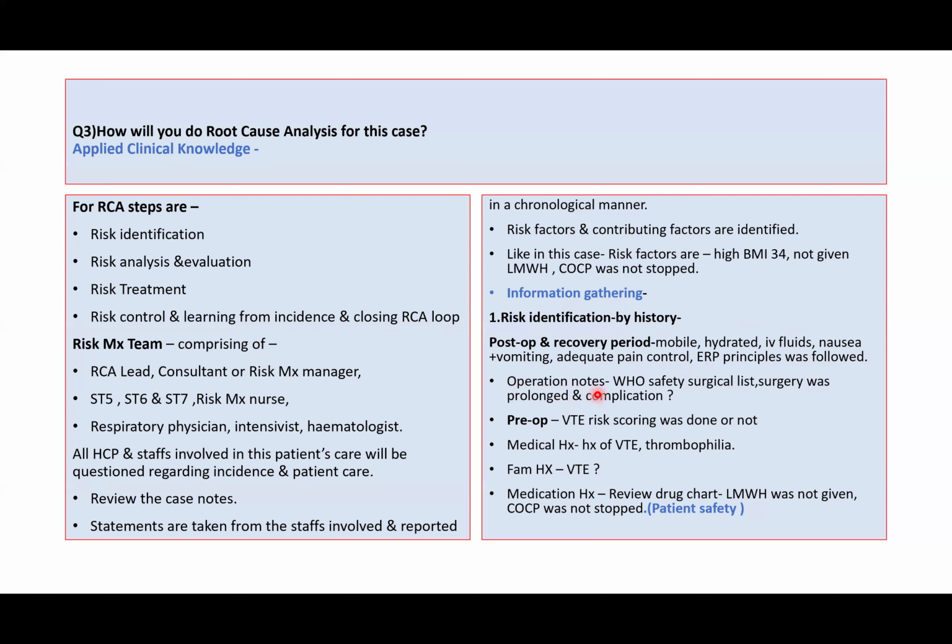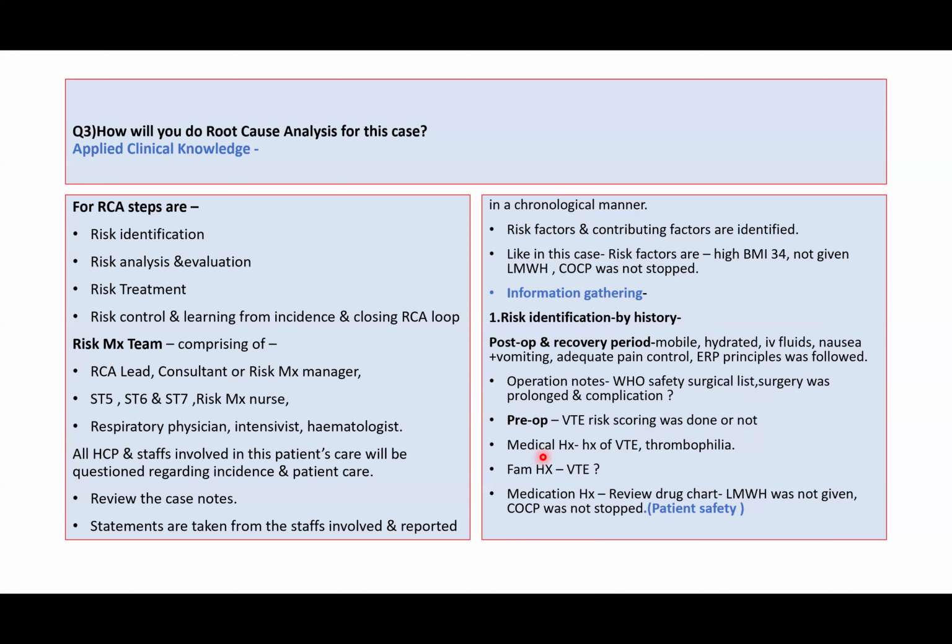I would like to go through the operation notes, whether it was done following the WHO surgical safety checklist, whether surgery was prolonged and any complication happened, and then the pre-op, what happened in the pre-op, VTE risk scoring was done or not, and whether it was correctly done.